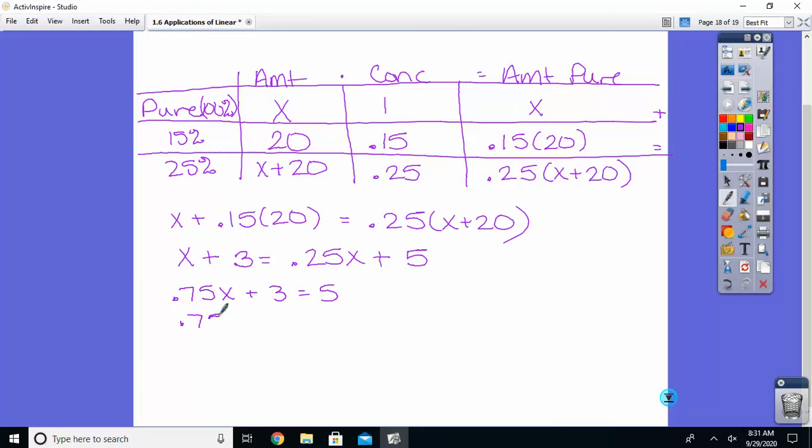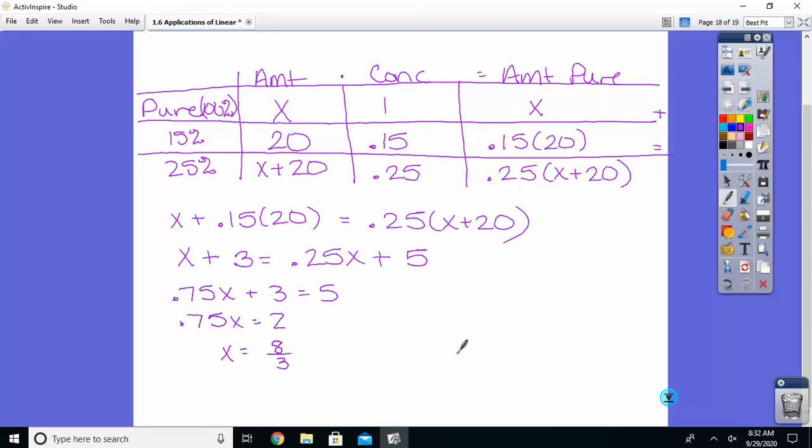Subtract my 3. And divide. What do we get? So divide by 0.75 now, we would get 2.6 repeating, or 8 over 3, or 2 2/3, however you want to write it.